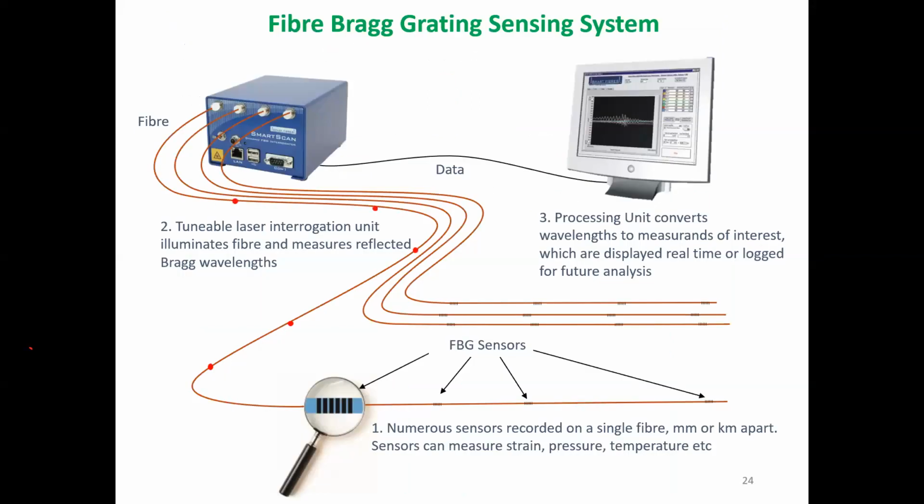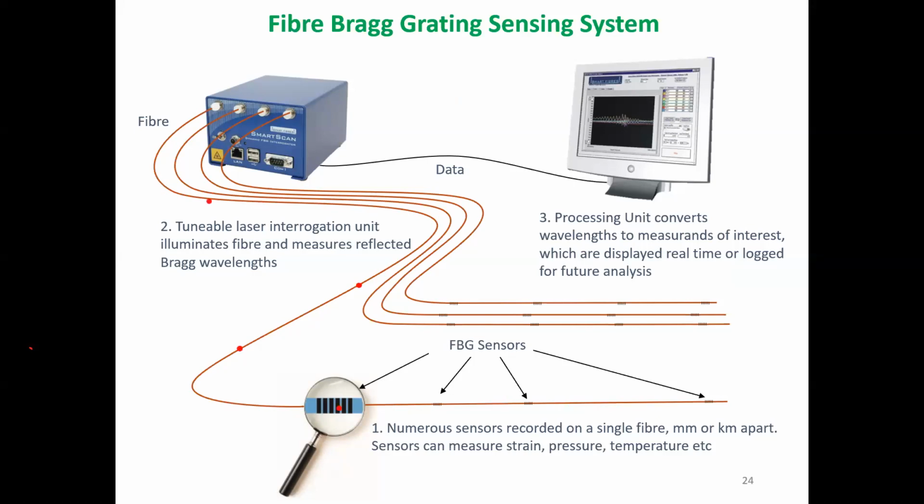So how does a commercial system look like? This is one commercial system I have taken from one company called SmartScan. You can see how it works. We have fiber Bragg grating sensors written on the optical fiber, and then we have this tunable laser interrogation unit. The sensing unit we call an interrogation unit. It keeps on sending the wavelength, and then it measures the reflected wavelength, which we measure in the optical detector.